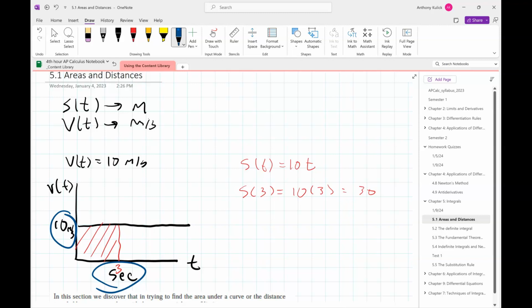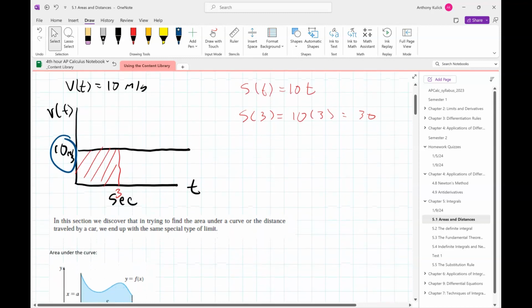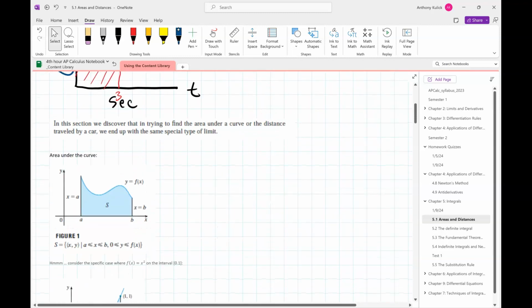Now that we've seen a little trivial example, we can kind of see why we're interested in this maybe. So we're going to tie this together inside of the next couple of sections. But here in this section, we're only going to be interested in how do we calculate these areas under curves? Because not all the time are we going to have something that looks like a polygon.